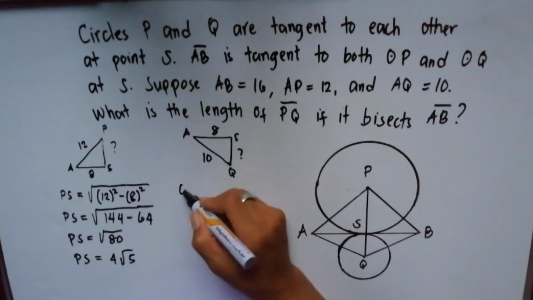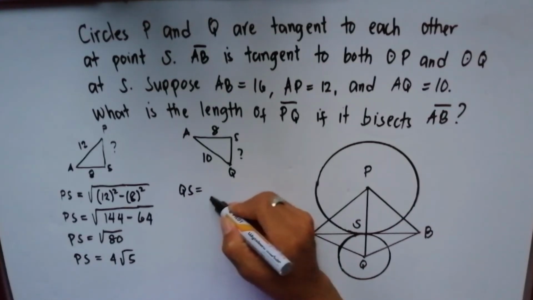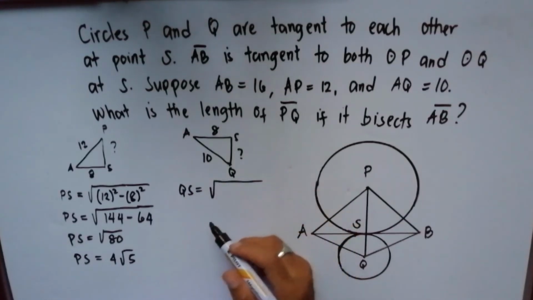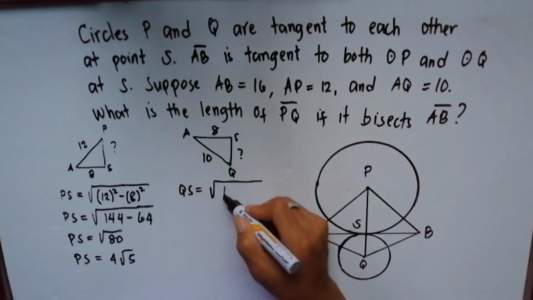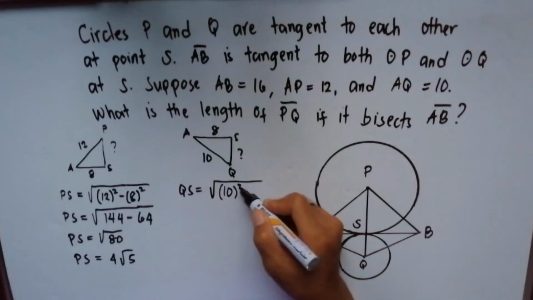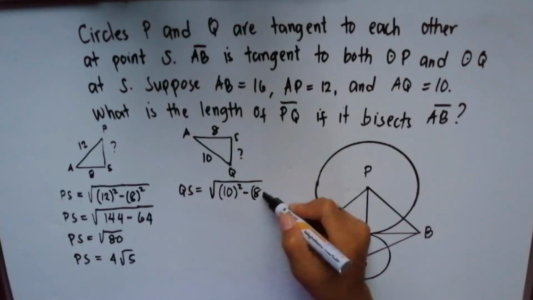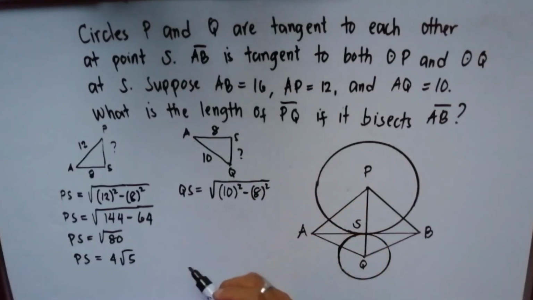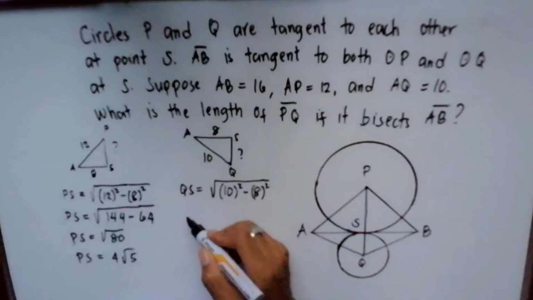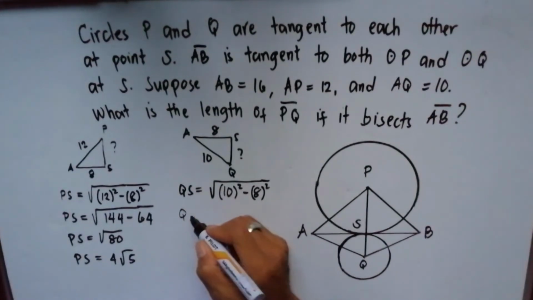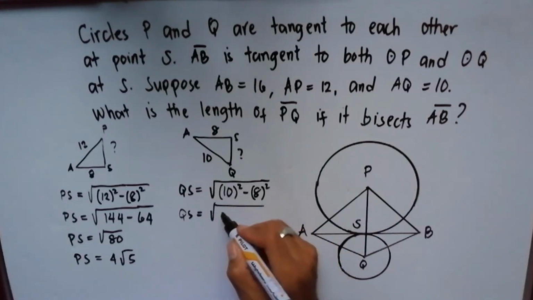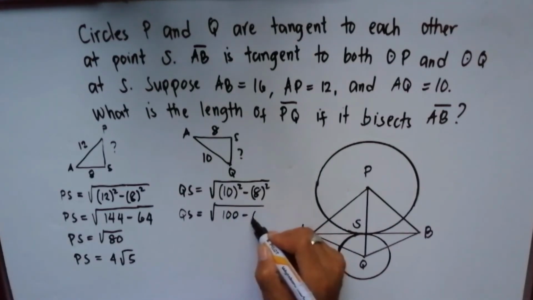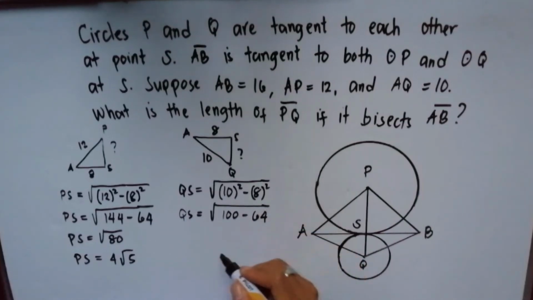So QS is equal to the square root of, okay, the hypotenuse here is 10, so 10 squared minus 8 squared. The QS is equal to the square root of 100 minus 64.